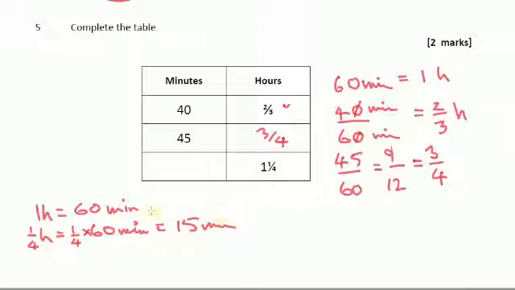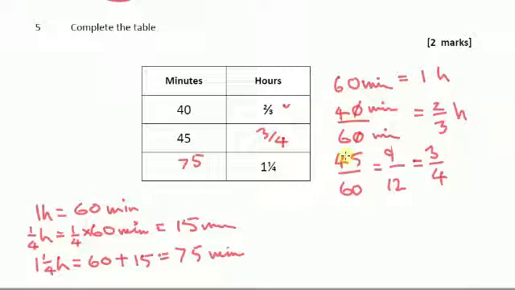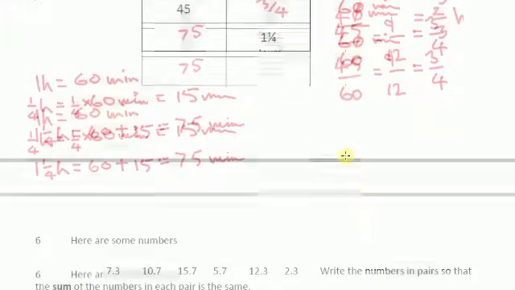So 1 1/4 hours must be 60 plus 15, which comes to 75 minutes. So that's question 5 finished. Moving on to number 6.